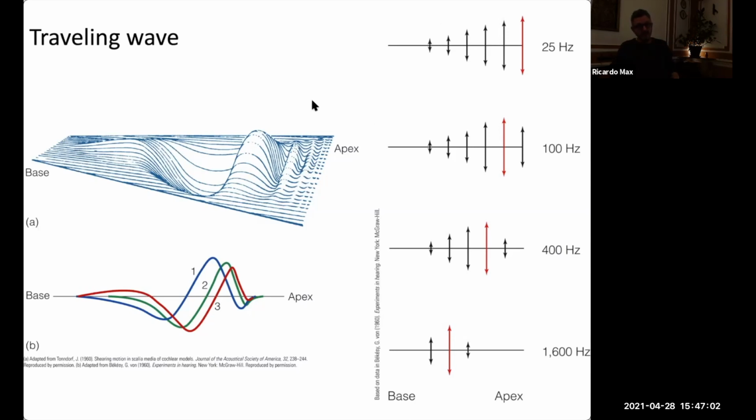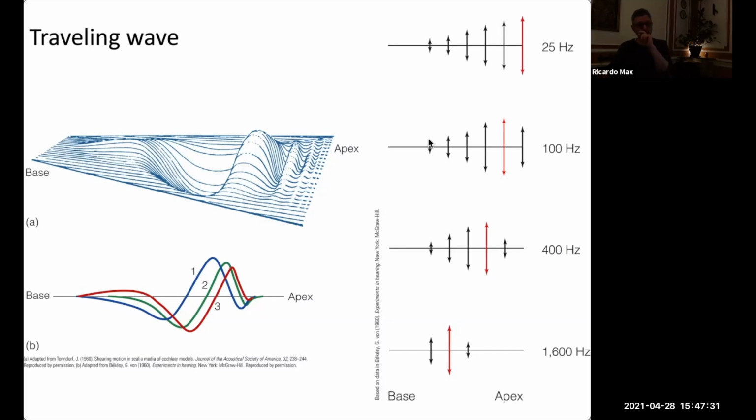But different parts, because they have different thickness and are wider, will oscillate higher or lower. And we can see here this is the envelope of the wave, okay? The entire area.